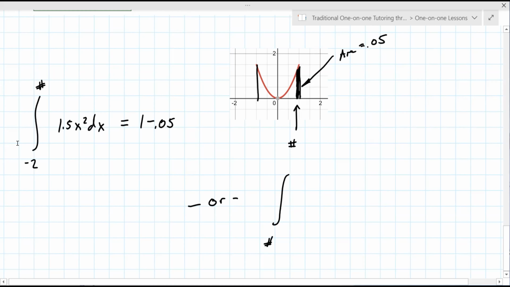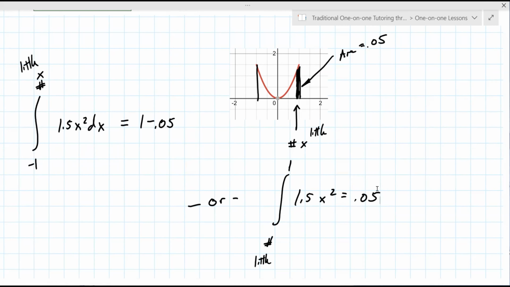I'm sorry, this is -1, not -2. When you're using the number sign, is that like X? Yes, that's little x. You're going to get caught up on this notation because it's problematic. But yes, it's little x. So whatever that is, 1.5 x squared equals 0.05. So either one works. You have to be comfortable doing both of these by hand.